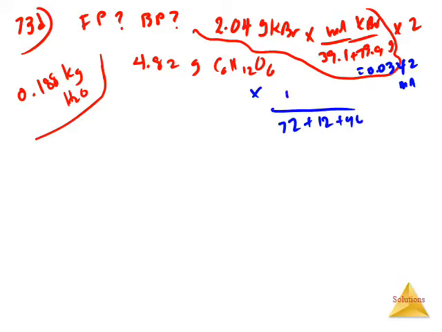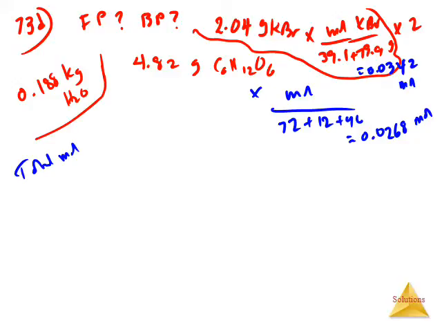That gives moles. So number of moles I'm going to get would be same as number of particles because glucose doesn't break down. So you're going to get 0.0268 mole of particles.